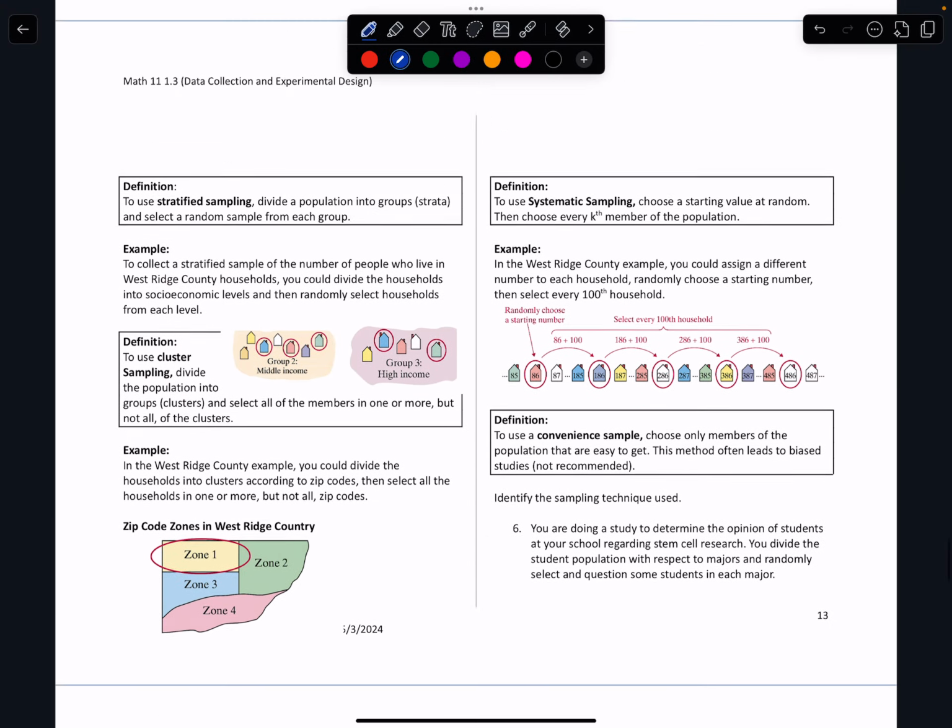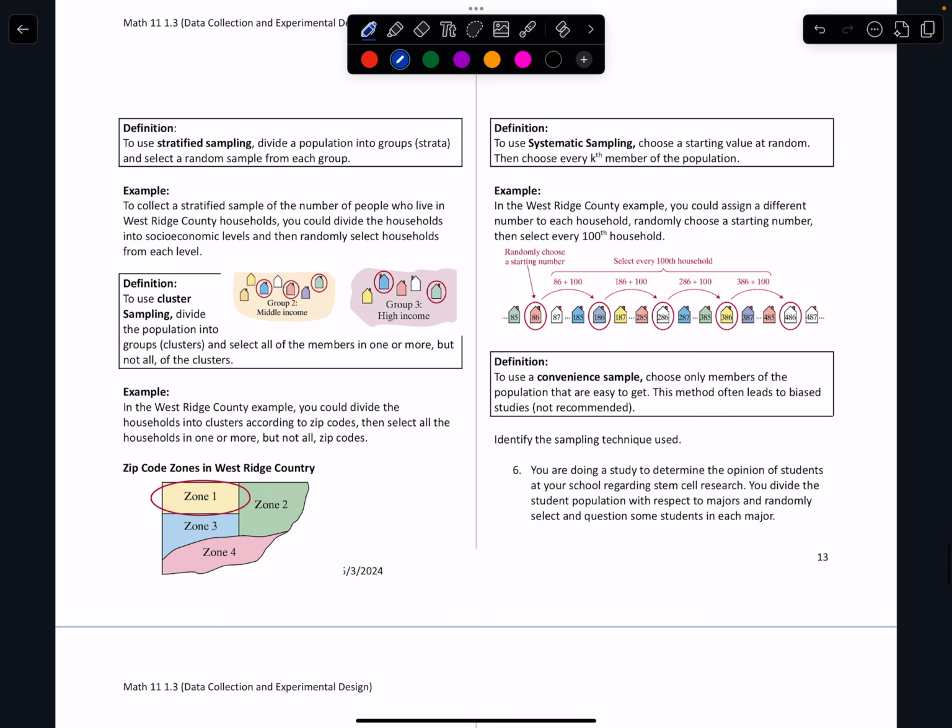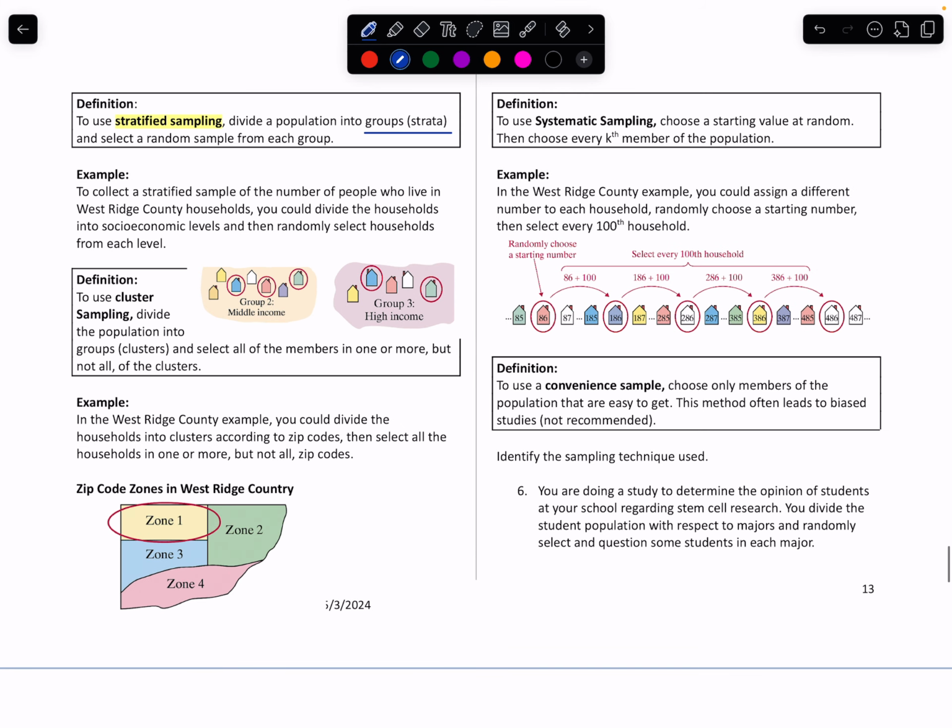And so a little bit more notes. We can use stratified sampling, which is dividing a population into groups, also known as strata, and selecting a random sample from each group. An example of this is a stratified sample of the number of people who live in Westridge County households. We could divide the households into socioeconomic levels and then randomly select households from each level.